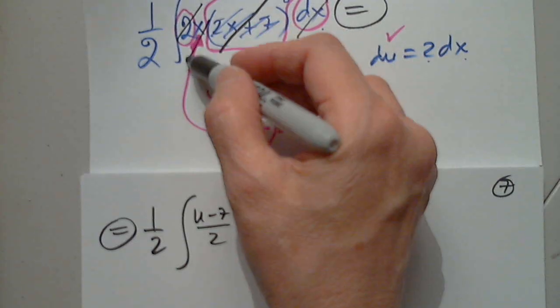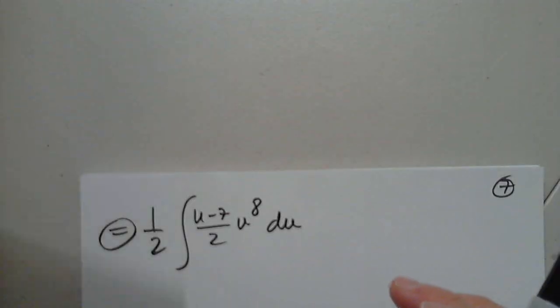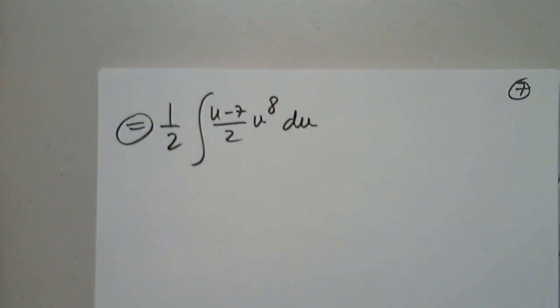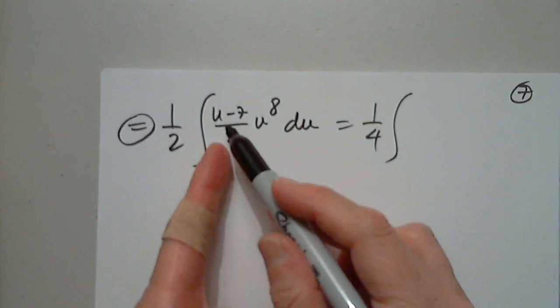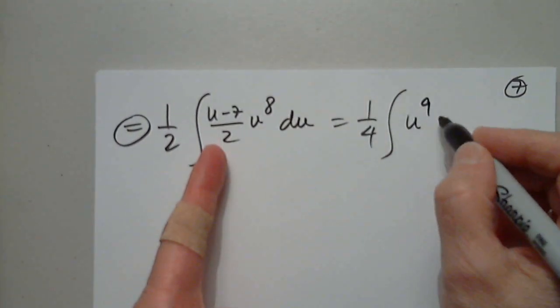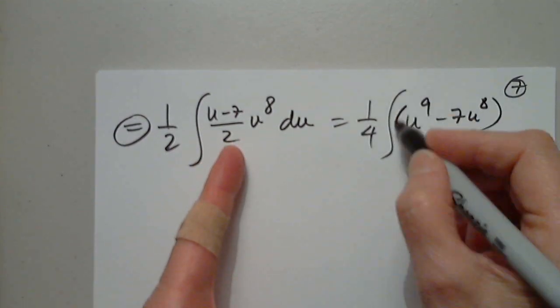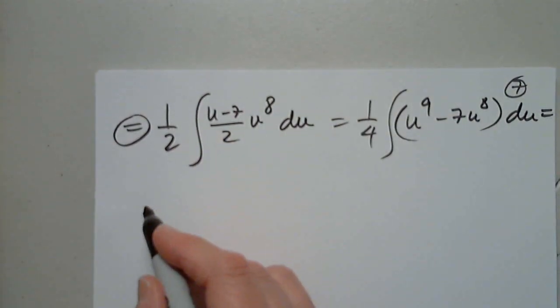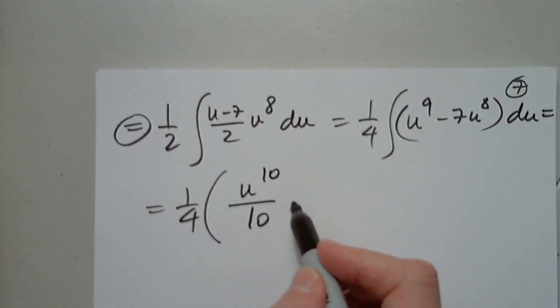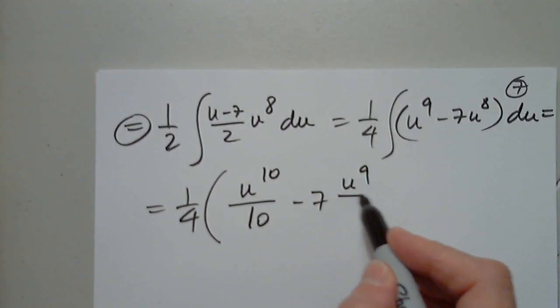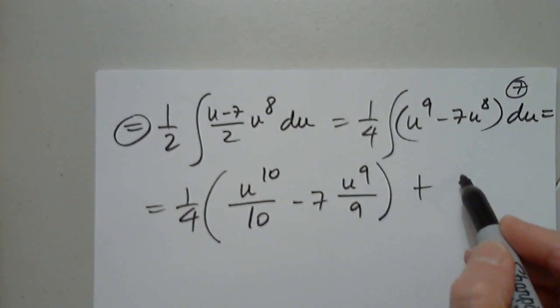Everything accounted for. Therefore, I take the 2 outside. I distribute u to the 8 minus 7 u to the 8 du. u to the 10th over 10 minus 7 u to the 9th over 9 plus a constant c.